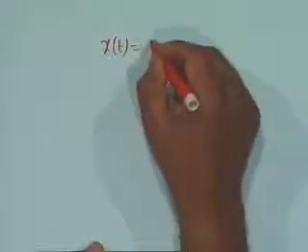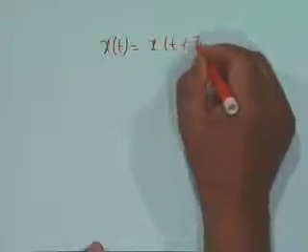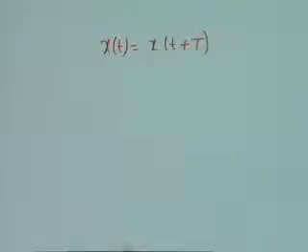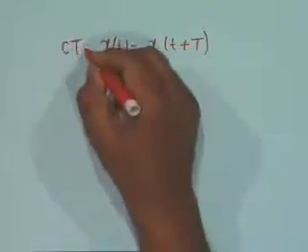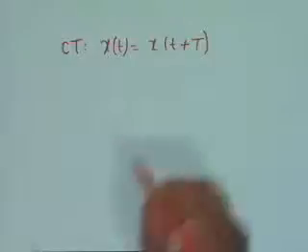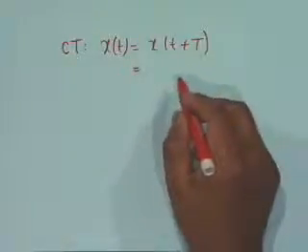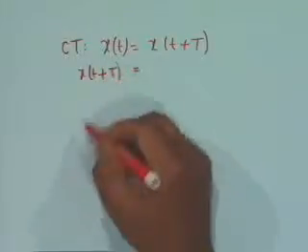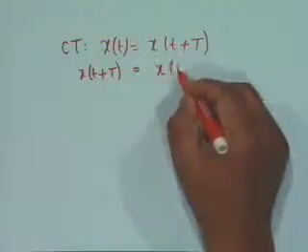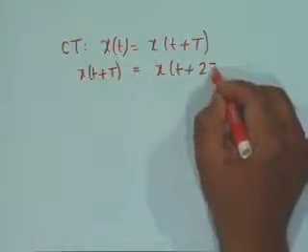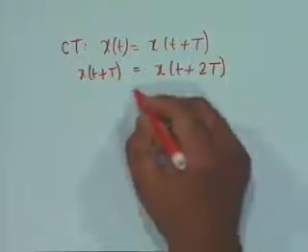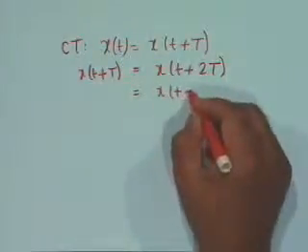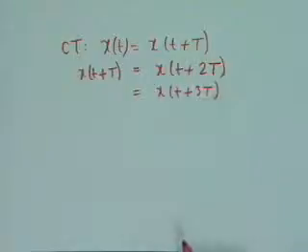As far as the continuous time signal is concerned, x of t equal to x of t plus capital T. If this continuous time signal is periodic, then isn't it true that x of t plus capital T must be the same as x of t plus 2T, or x of t plus 3T and so on?